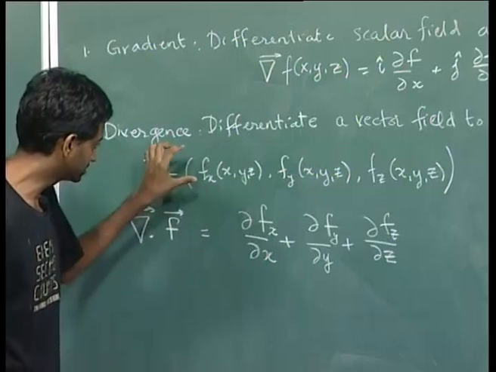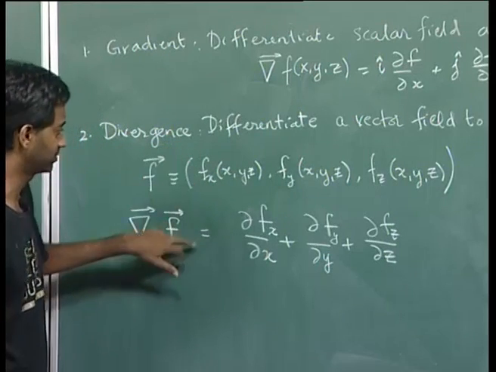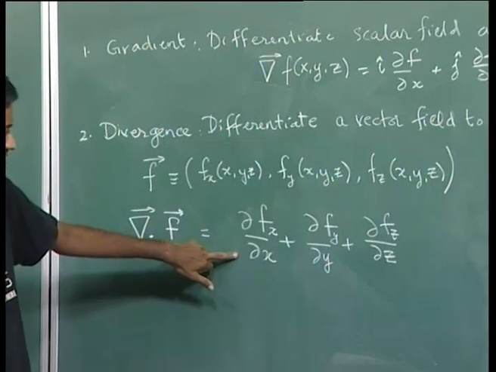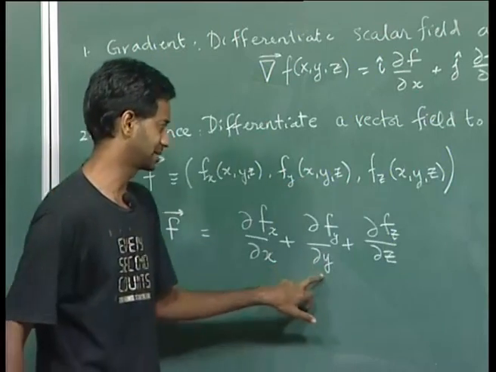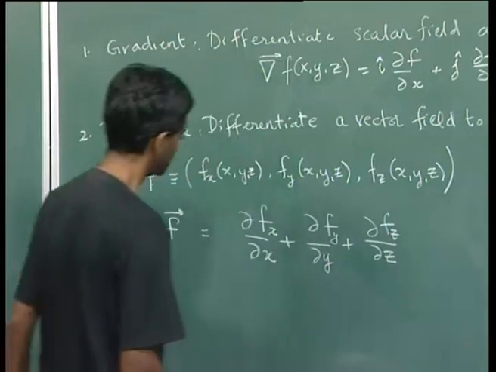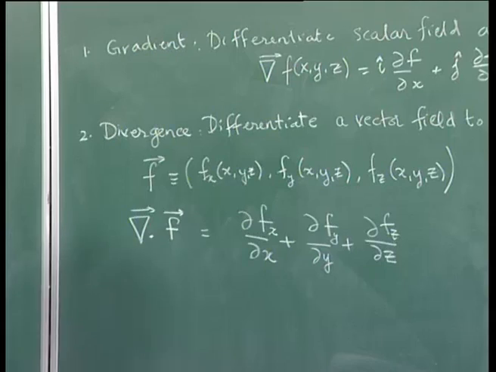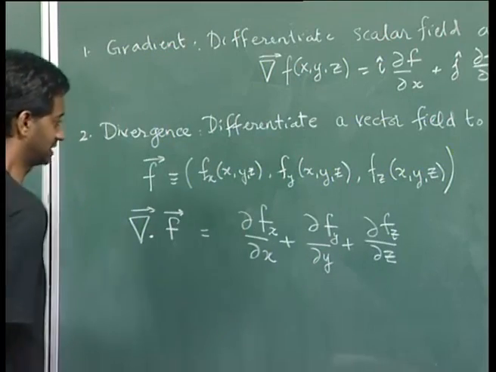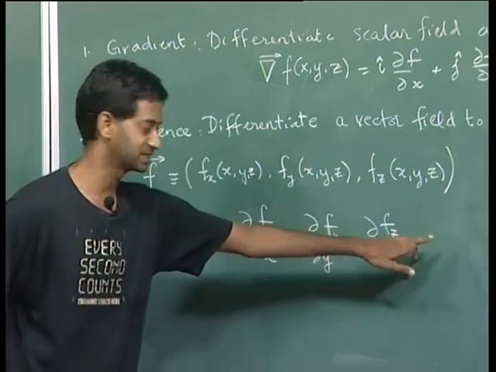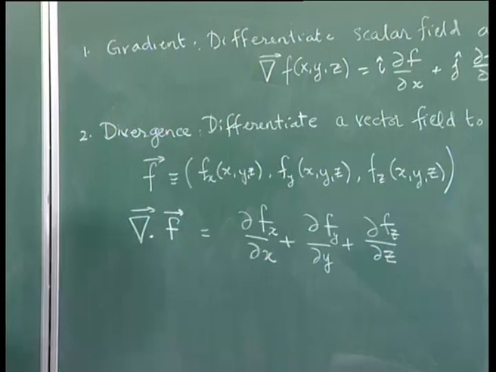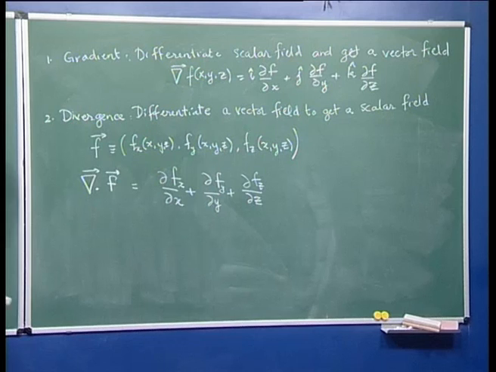Now you do the differentiation component wise. The first component you differentiate with respect to x, second component with respect to y, and third component with respect to z. You add them all up and you get a scalar, and this scalar is the divergence. So what you get here is a scalar, it does not have any components, and so the divergence is a scalar.